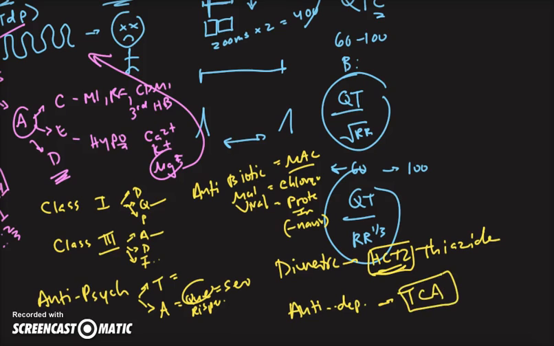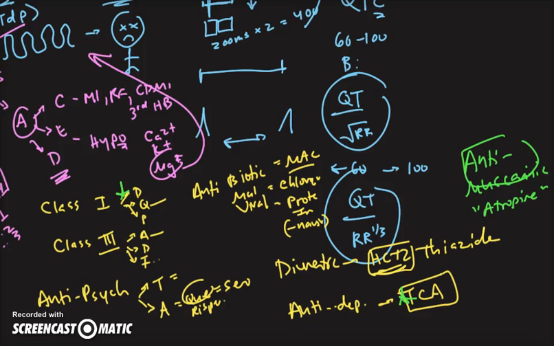So I want you to pay attention to one key fact that will help you remember this. We know that there's an antimuscarinic, and antimuscarinic basically means atropine-like. And TCAs have antimuscarinic effects.